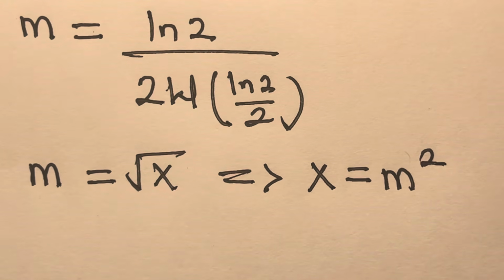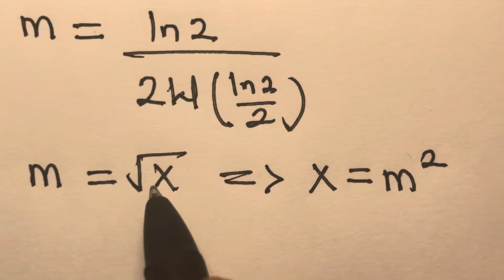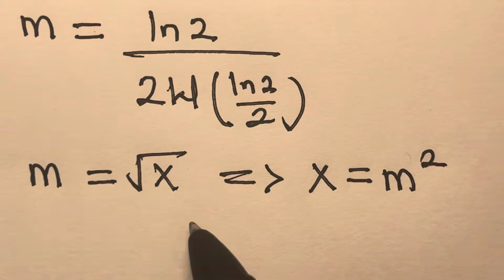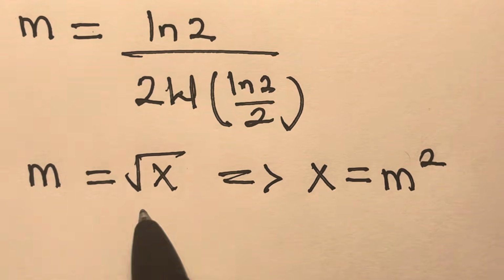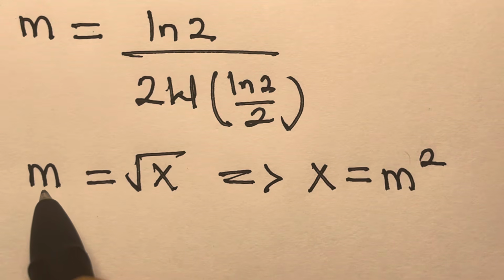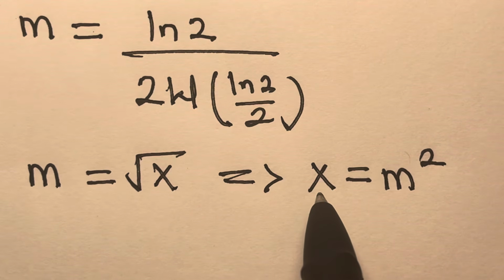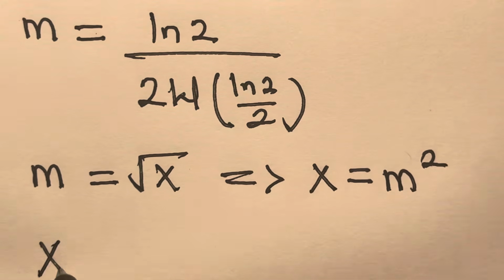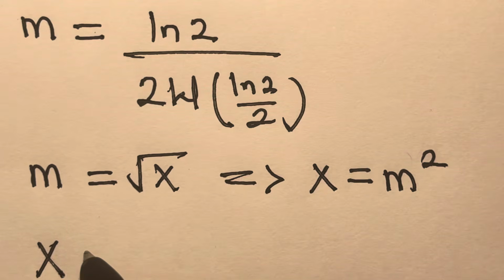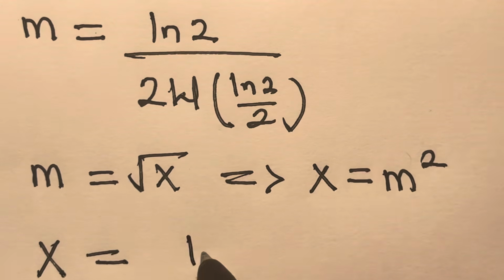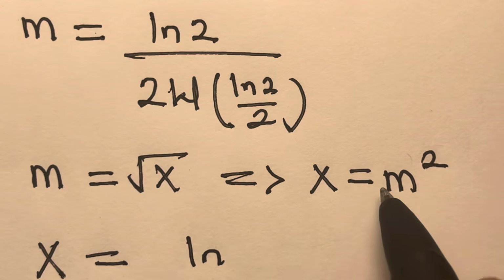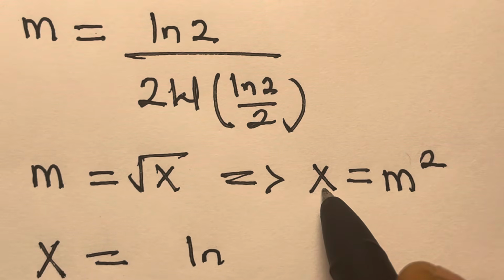Do you remember this? We said from the beginning that we let our square root of x be m, and this is what it implies. So now by substituting, we have x equals m squared.